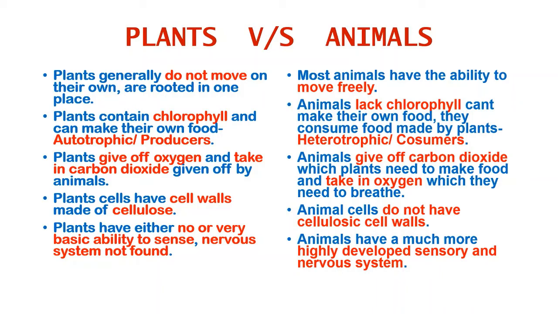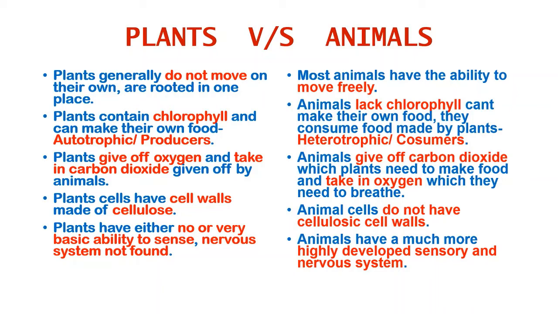Although there are exceptions on both sides: there are algae which have locomotory organs like flagella, and they can move up and down in the water. There are animals like sponges, the poriferans, which are sedentary. They cannot move.